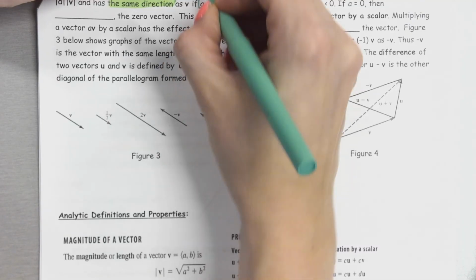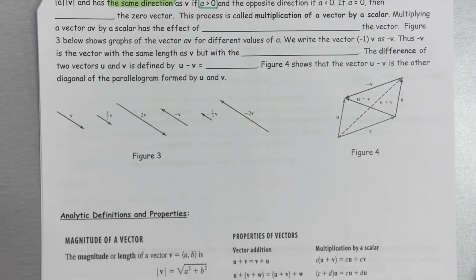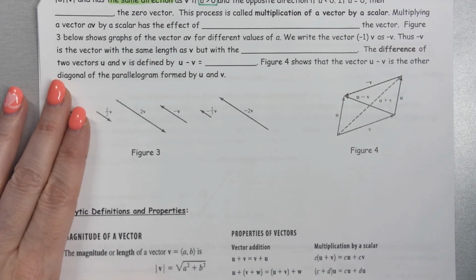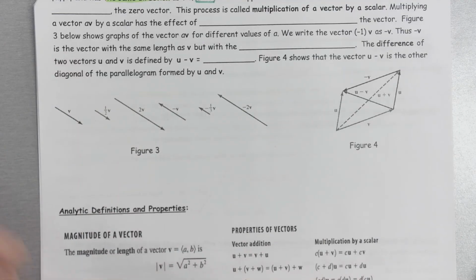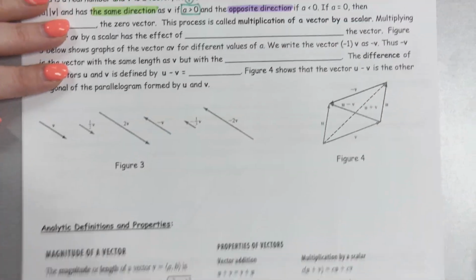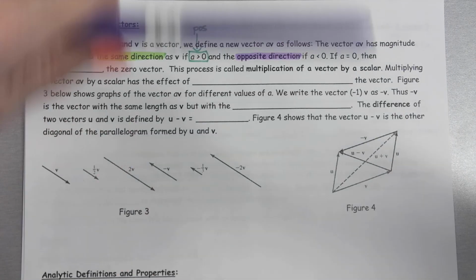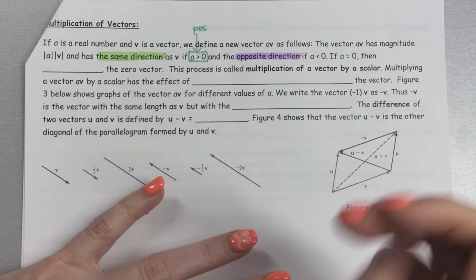So that just means you have a positive value. And the opposite direction if A is less than 0. So the same direction if A is positive, and the opposite direction if A is negative.